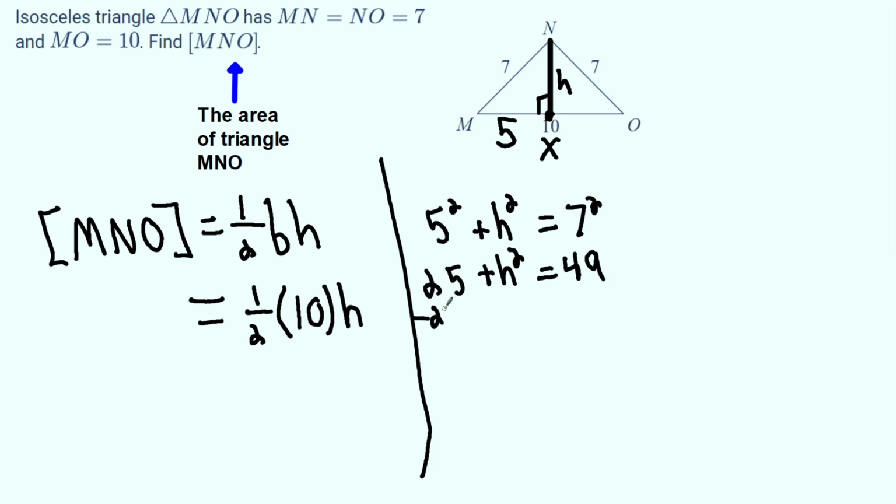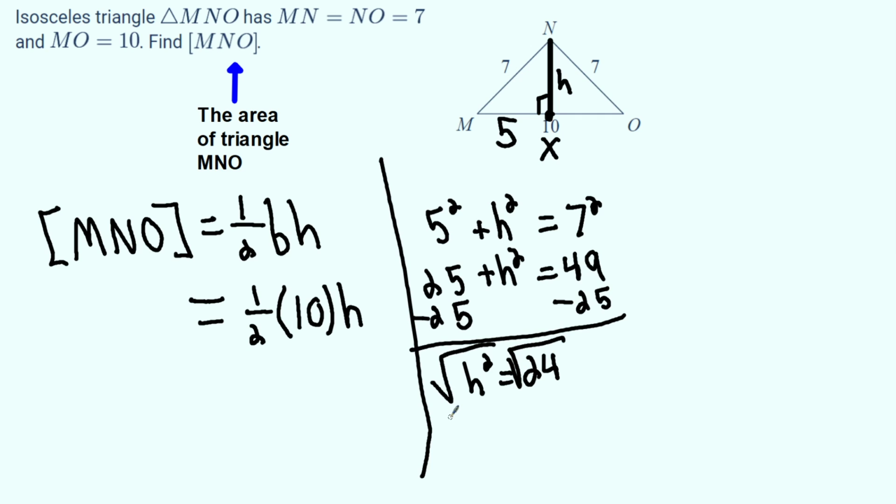Subtract 25 from both sides, and you will get h squared is equal to 49 minus 25, which is 24. And now I have to take the square root on both sides to find out what h is. I get h is equal to the square root of 24.